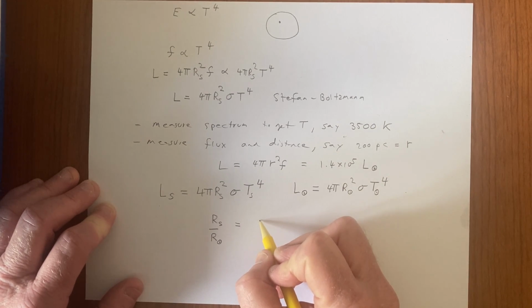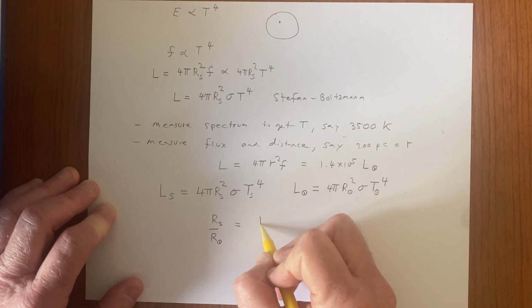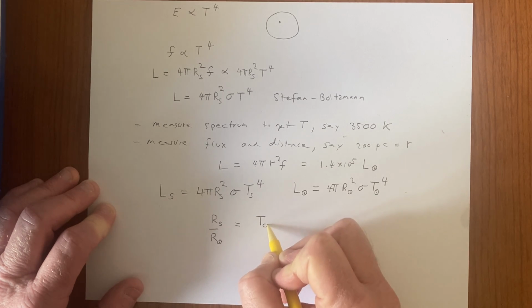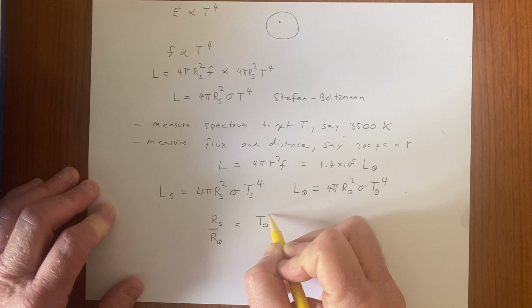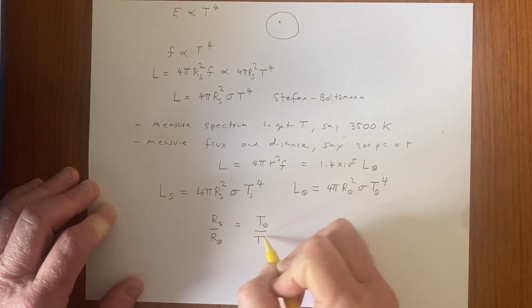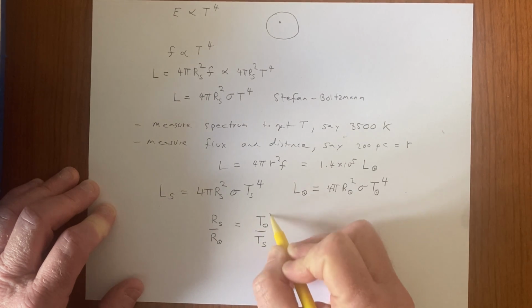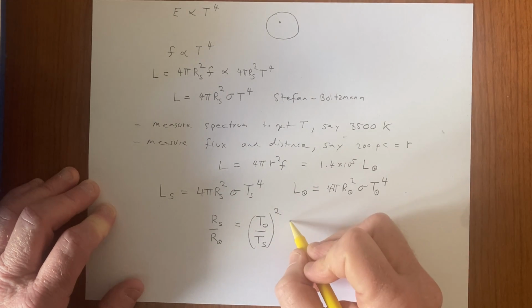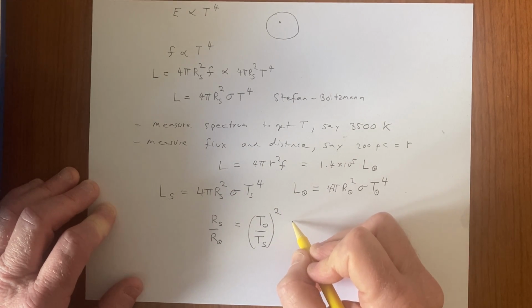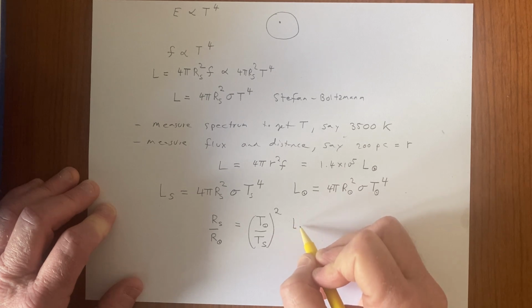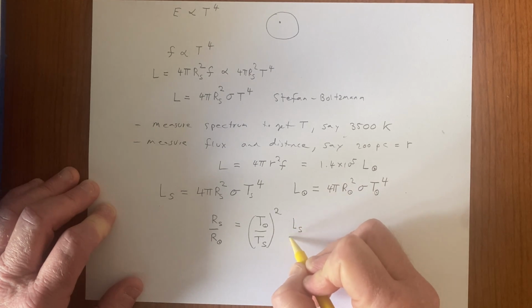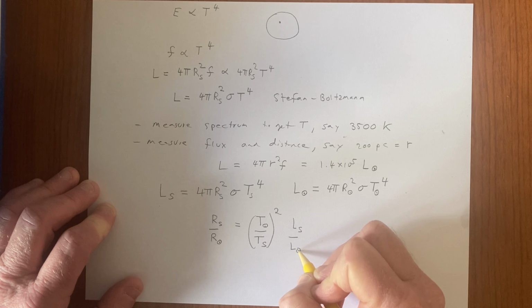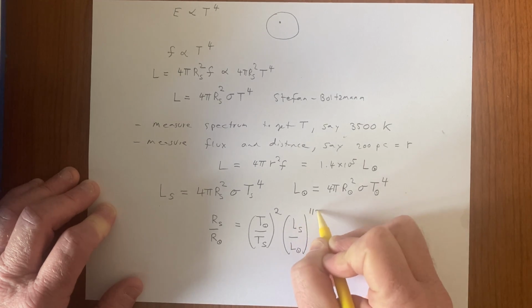We have the temperature of the sun over the temperature of the star, squared, times the luminosity of the star over the luminosity of the sun to the 1/2.